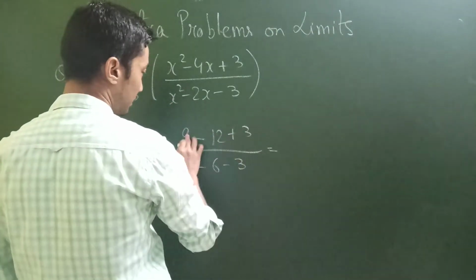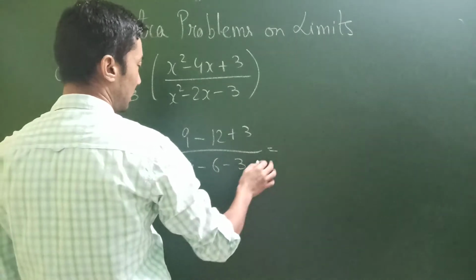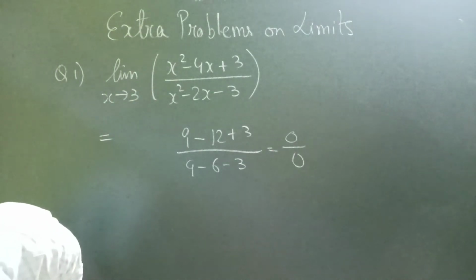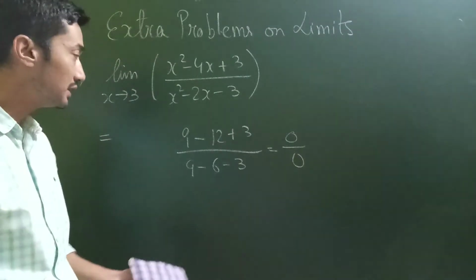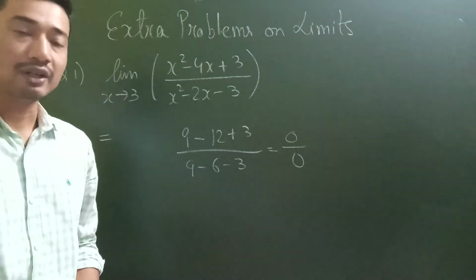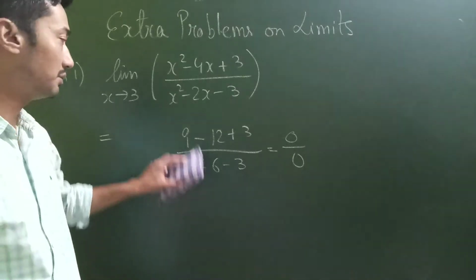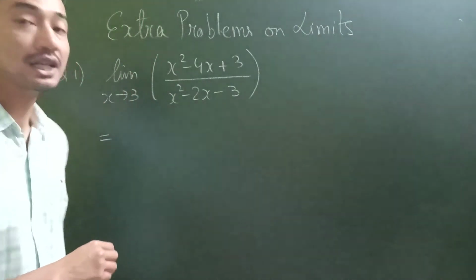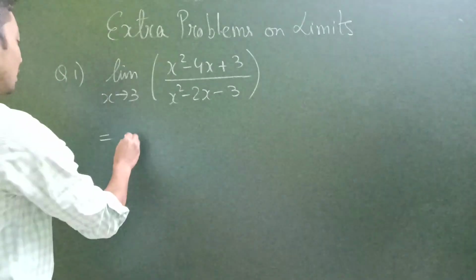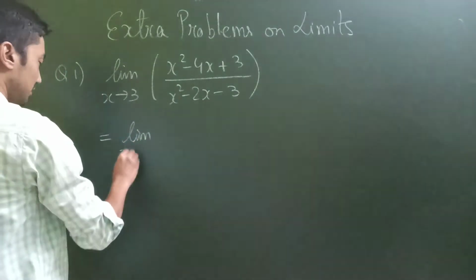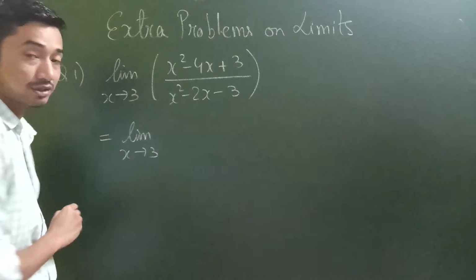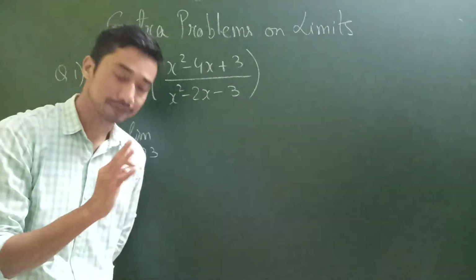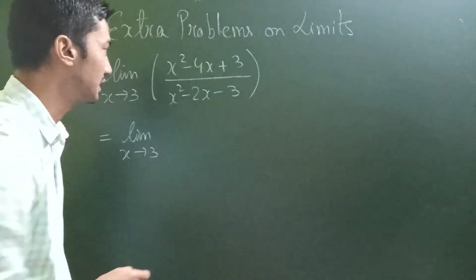So what we have here is 12, 9, 0. So we have 0 upon 0. As we know, this is meaningless or indeterminate in mathematics. So there has to be some way to simplify this further. We will continue with the limit as x tends to 3 till we are confident that we are not getting 0 by 0.